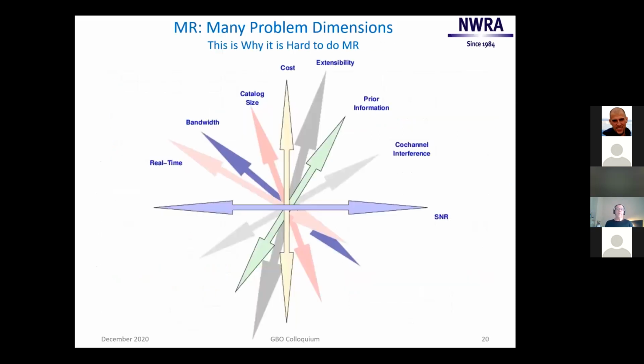And I've been working on it for 20 years plus, a lot of other people too. So why haven't we solved it all? It's just very hard because of the many dimensions of the problem. Even people that are working on closely related problems still have differences in their problem set that are barriers to sharing solutions.